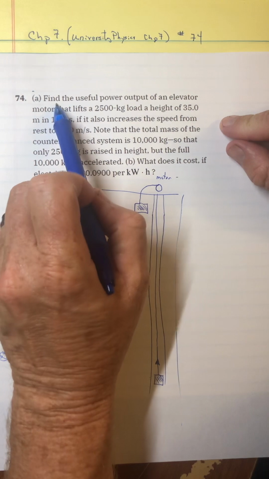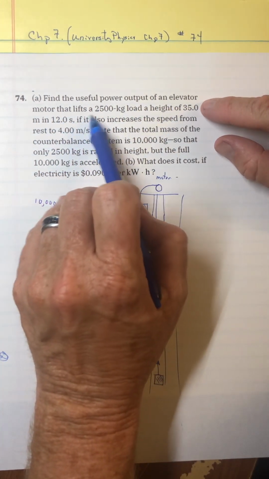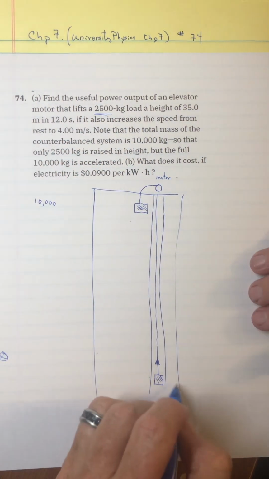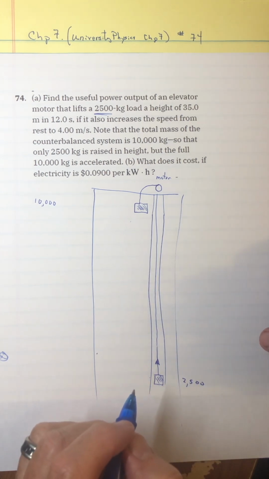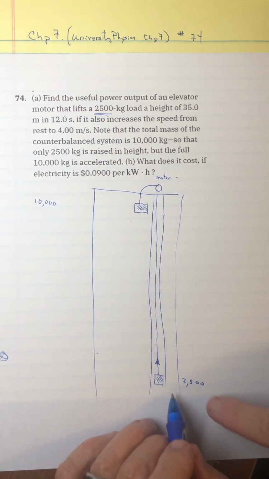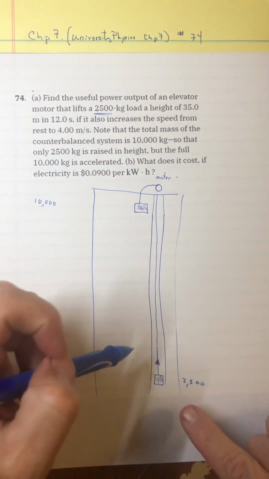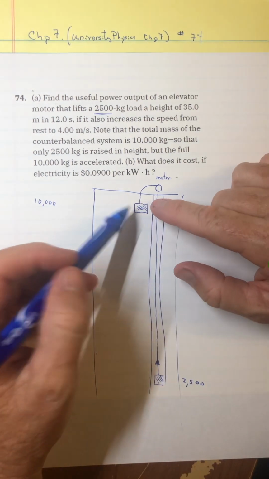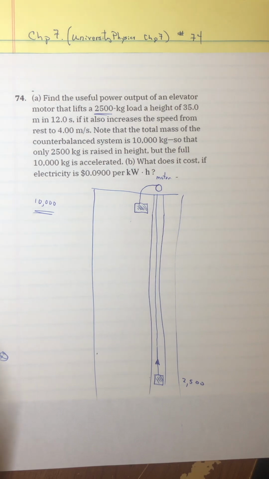But when it says right here, back at the beginning part, that the motor lifts 2,500, they don't mean that this is 2,500. What they mean is this is 2,500 more than that one, and the two together add up to 10,000.